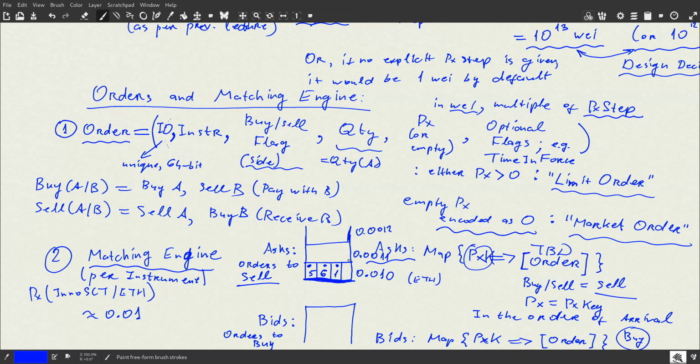So they submitted an order. An order was put into the order book, this is also called the order book. The matching engine is the order book plus the mechanism of updating the order book. And then the order book.